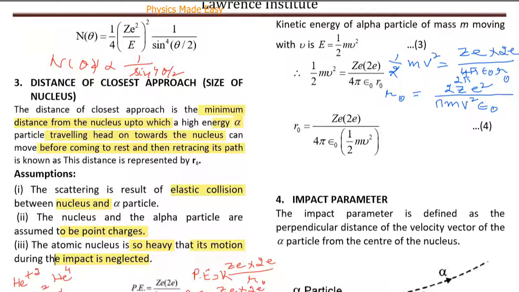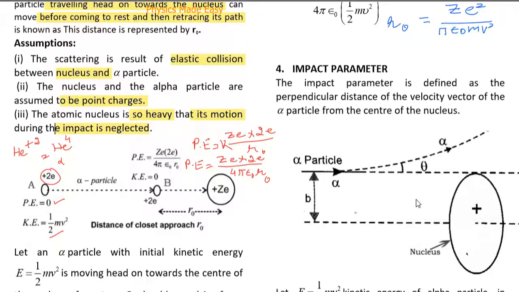If pi will be there, then 2 will also be there. This 2 will cancel with this 2, and the distance of closest approach r naught becomes Z e square divided by pi epsilon naught m v square.